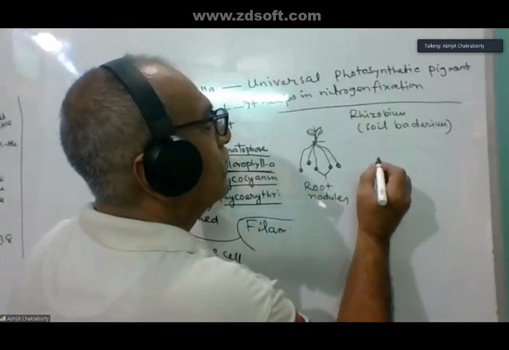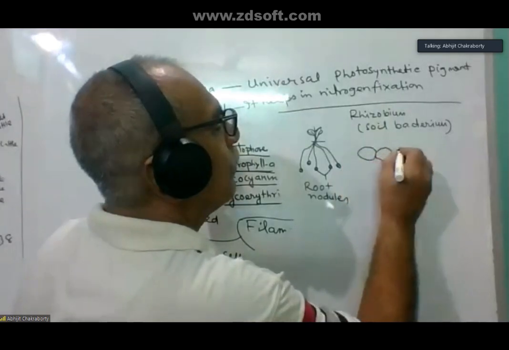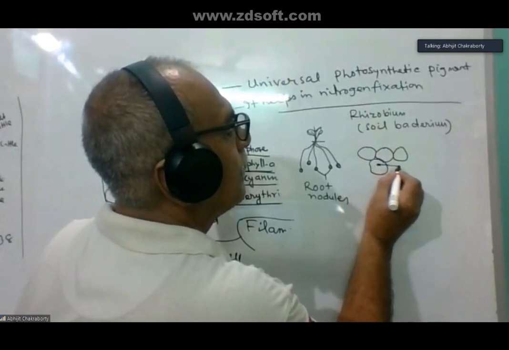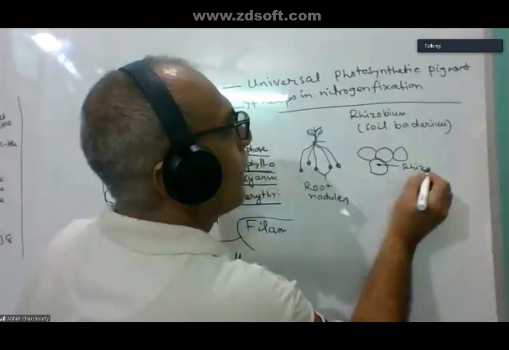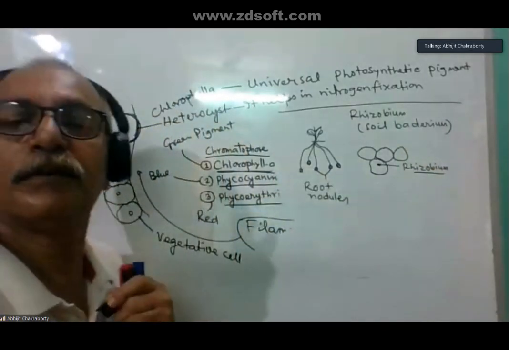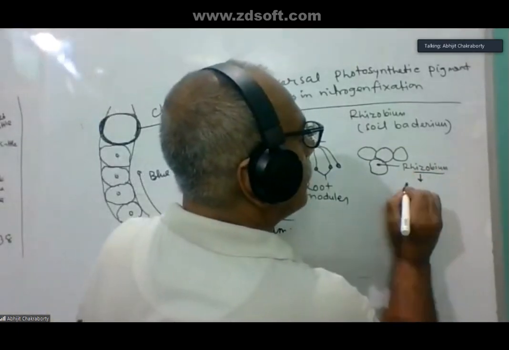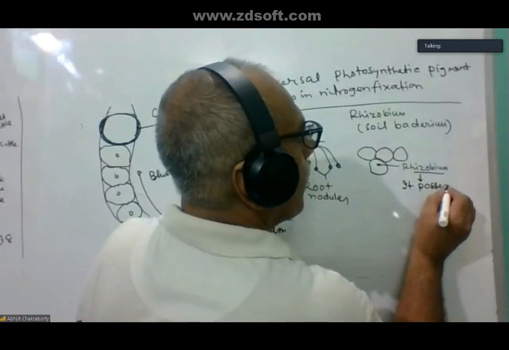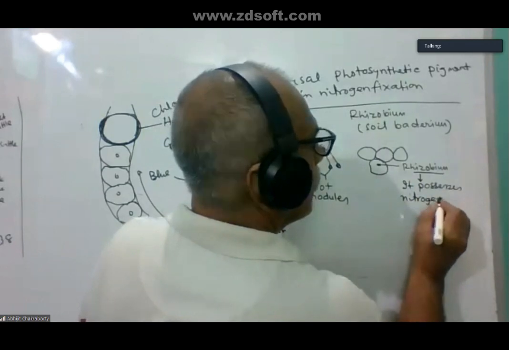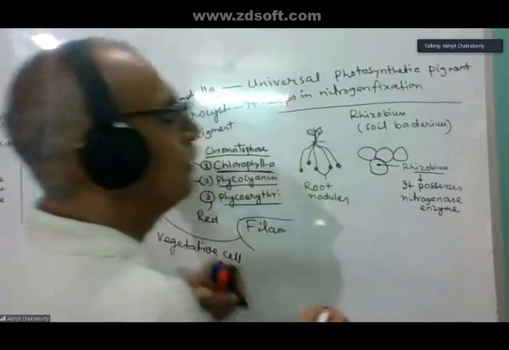If you go to the cortex, you will get a number of cortical cells, and here you will get the Rhizobium. It enters from the soil into the root nodule. The Rhizobium possesses an enzyme, nitrogenase.